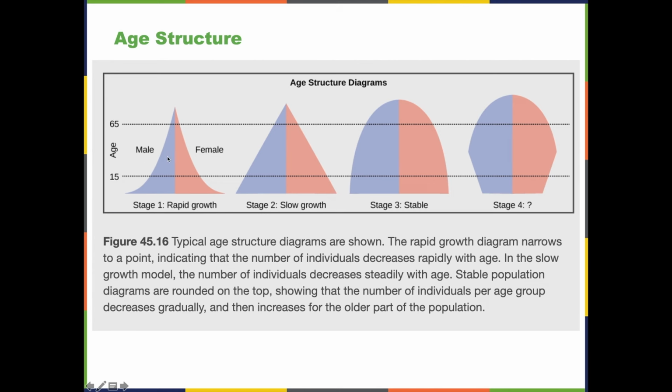So a population that is expected to experience rapid growth has a lot of young individuals in the 0 to 15, in this example, 0 to 15 years of age. And then not a lot of people make it to the higher ages. So what does this mean?